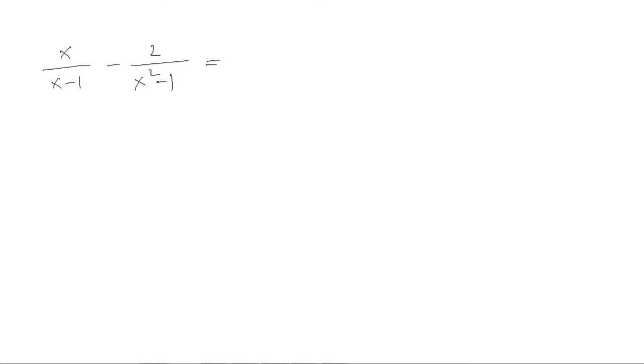So if I have a subtraction like this, the first thing that I should notice is that this can be factored. So the other polynomials are irreducible, but this one can be written as x plus 1 times x minus 1.